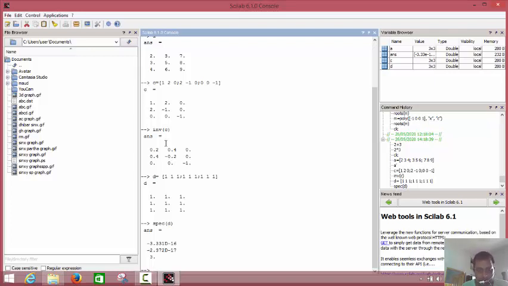The values are quite absurd. Note this is a very small value, of the order of 10 to the power minus 16 and then 17.